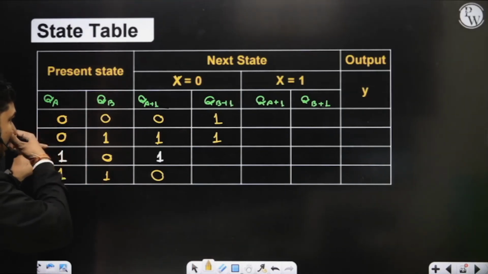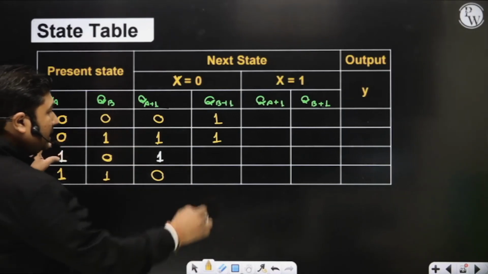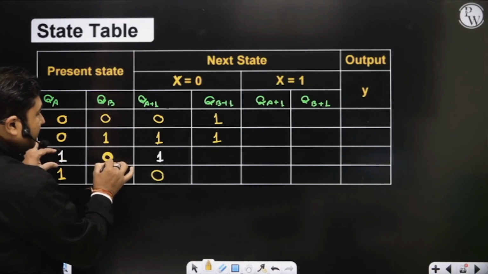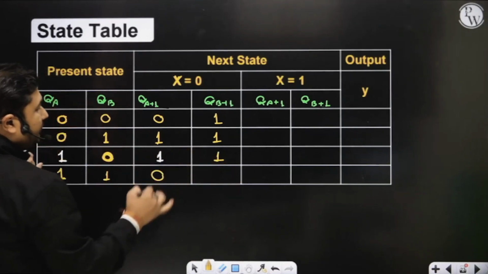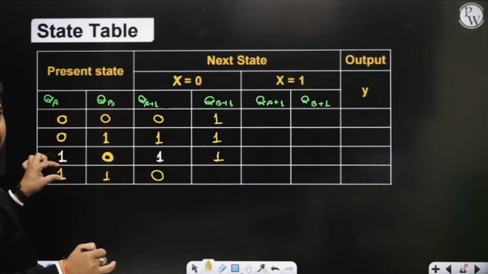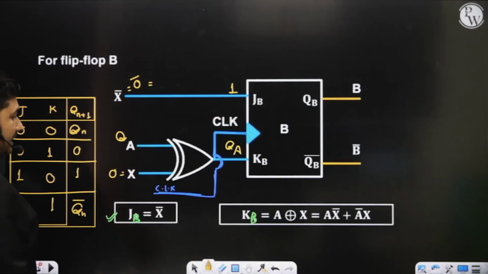For QA 1, with JB and KB both 1, 1, it goes into toggle mode. Toggle mode means if the previous state is 0, it toggles to 1. Hoping you are able to understand here.